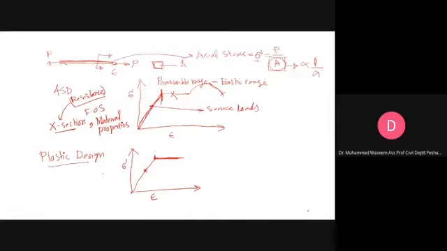And how do we accomplish that? We multiply the service loads by some load factor. You increase, or enhance, the loads so that when this load is reached, your member will fail.